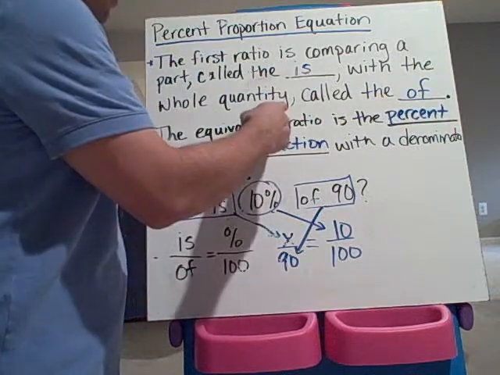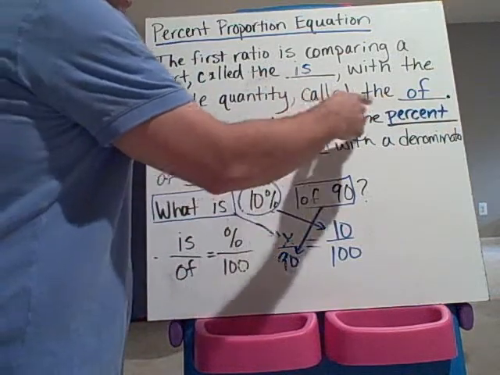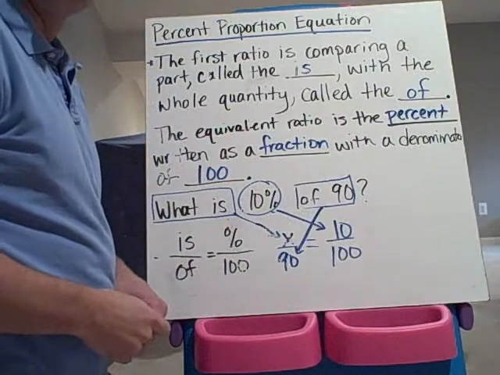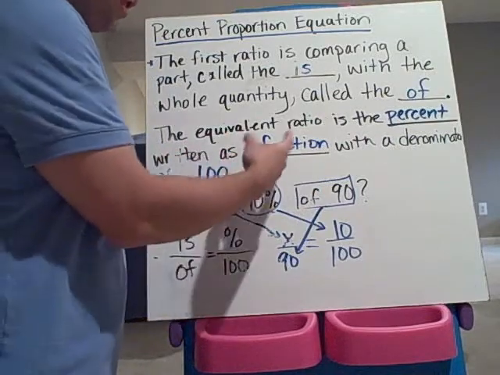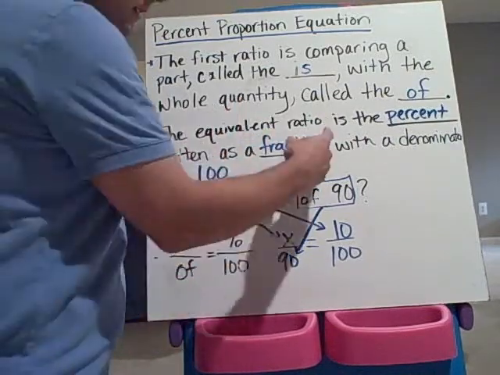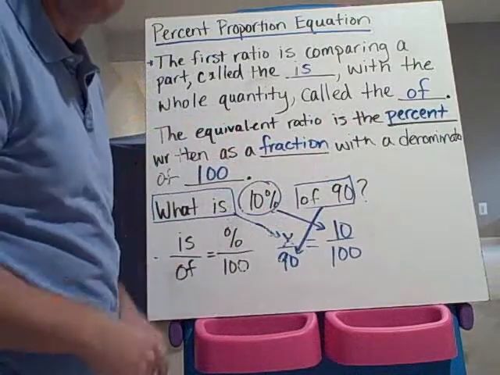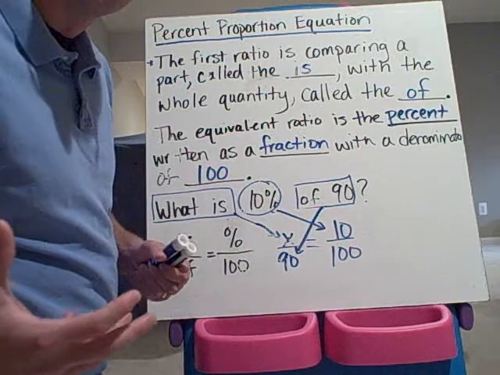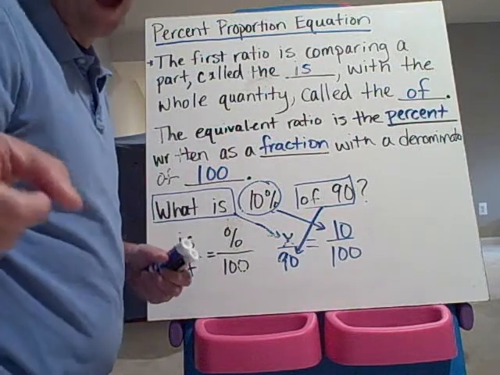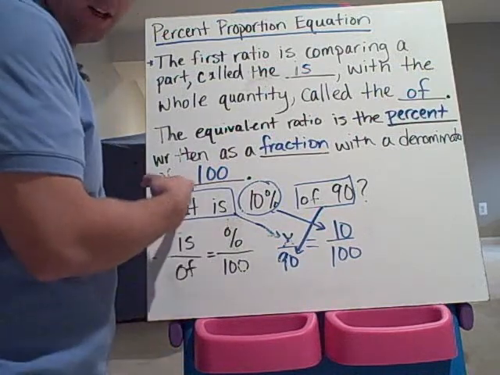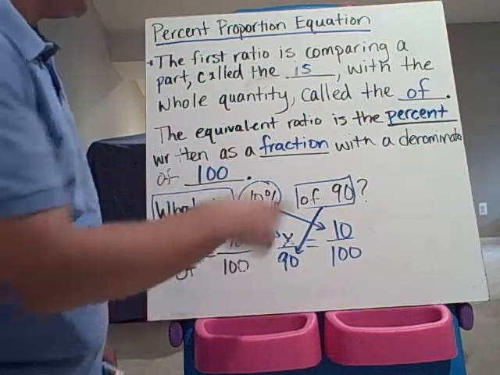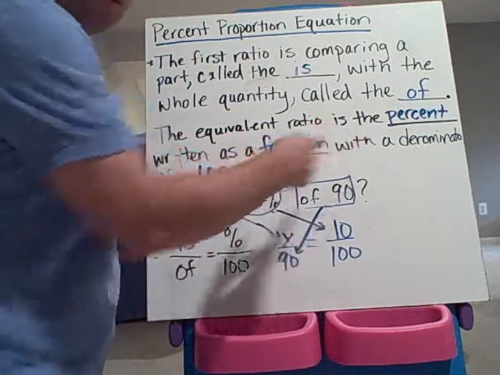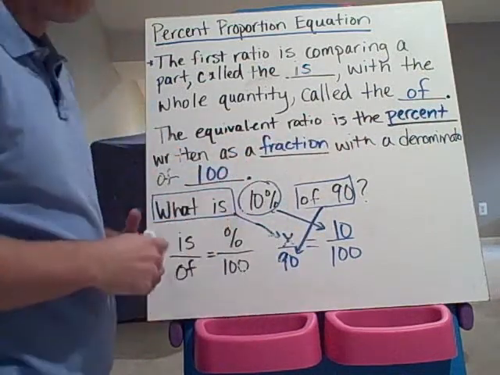The whole quantity is called the of. The equivalent ratio that you set it equal to is then the percent, and as Mrs. Farrell taught us last week, percent is always over 100. So the percent is always written as a fraction with a denominator of 100.